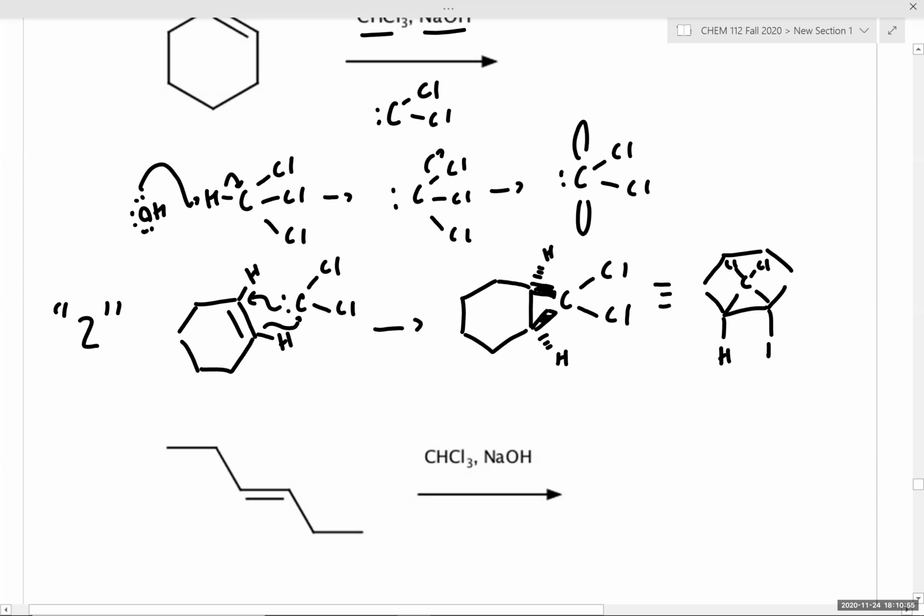And then we have our hydrogens on the opposite face. Either way is fine. I personally prefer the dash wedge notation since it's more explicit.